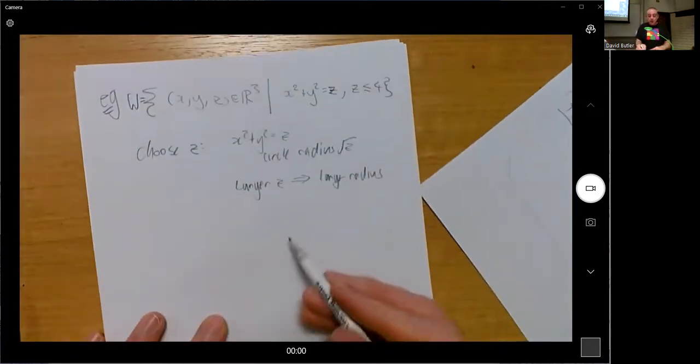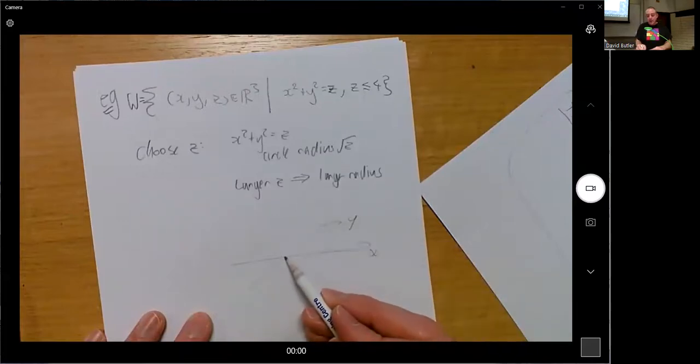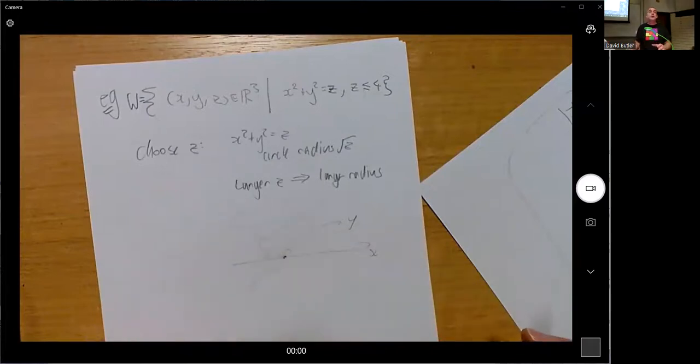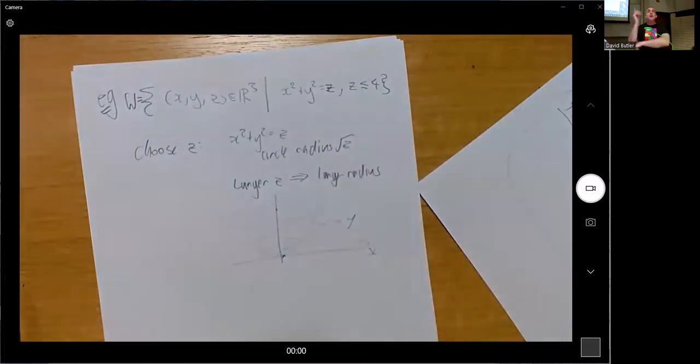Okay, so we're thinking that here's my x and my y, and when z is 0, the radius is 0, and then the radius is getting bigger and bigger. That's what we're thinking. And when you choose a z, you get a radius, and that radius gets higher and higher. Okay, cool.